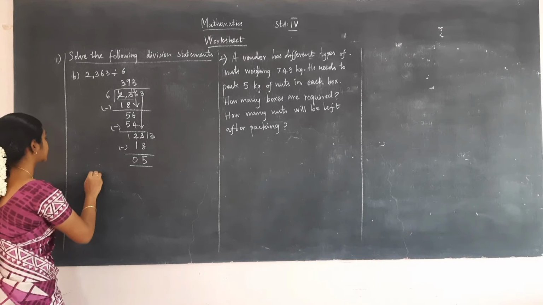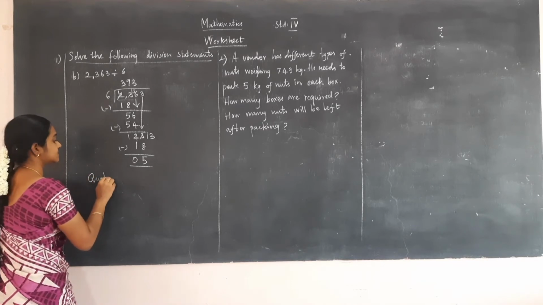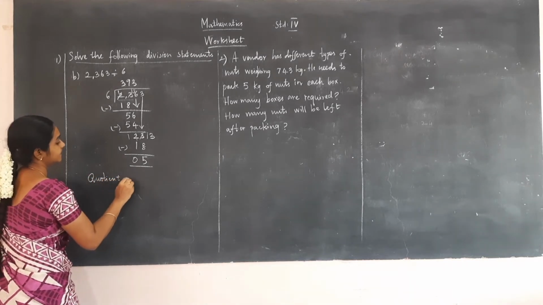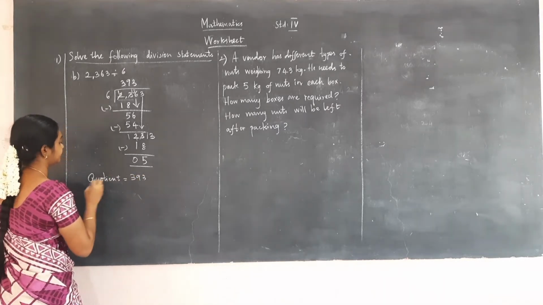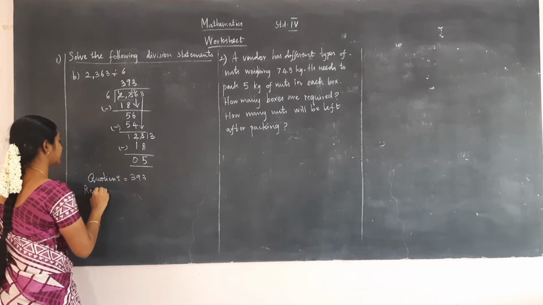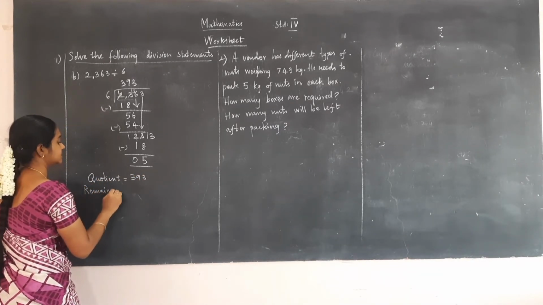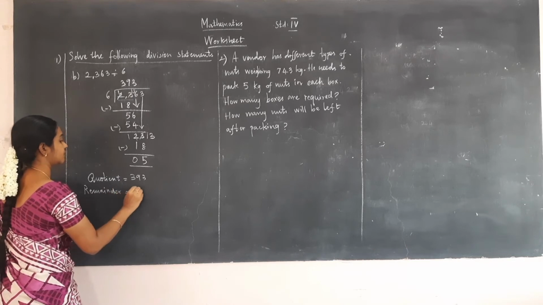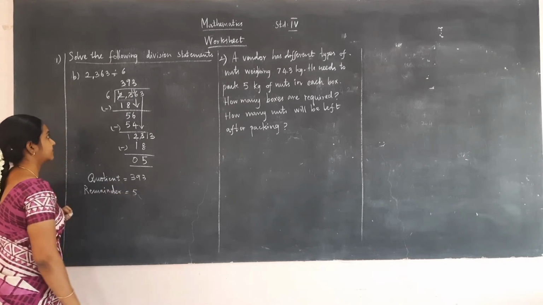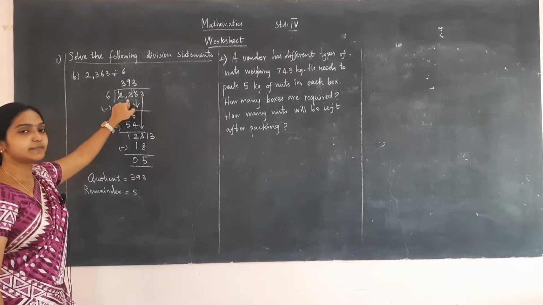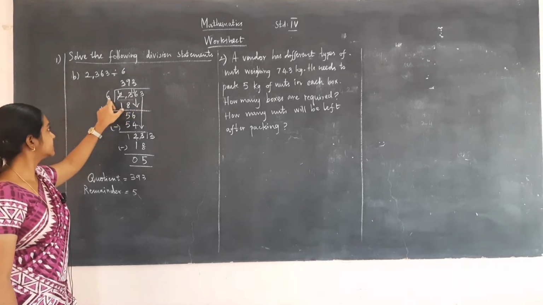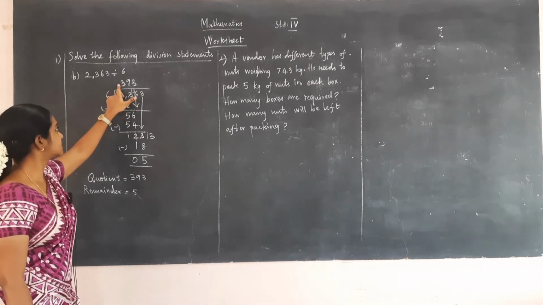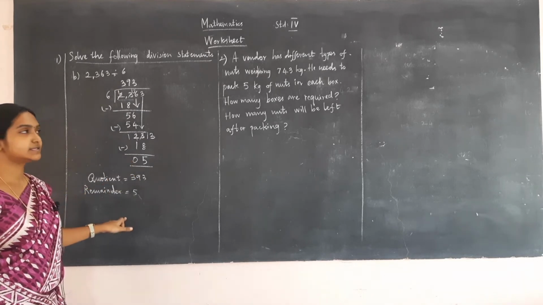So the quotient is 393. Remainder is 5. This number is called the dividend. This is called the divisor. This is the quotient and this is the remainder.